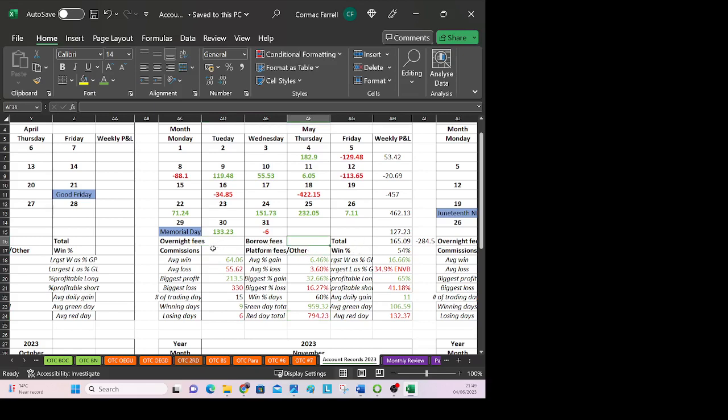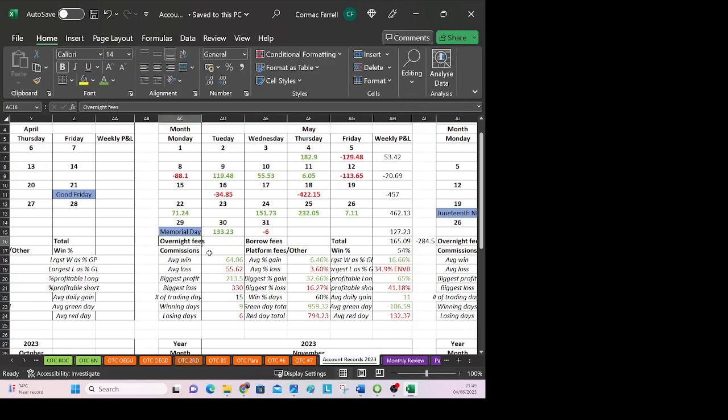I had this updated, and I've had a lot of problems in the last week or so with saving data. I thought I lost my data, but I managed to retrieve it. But I'm still trying to get my head around the PC and OneDrive and saving the stuff. So when all the fees are taken into account, I'm actually on the month minus 284.5.